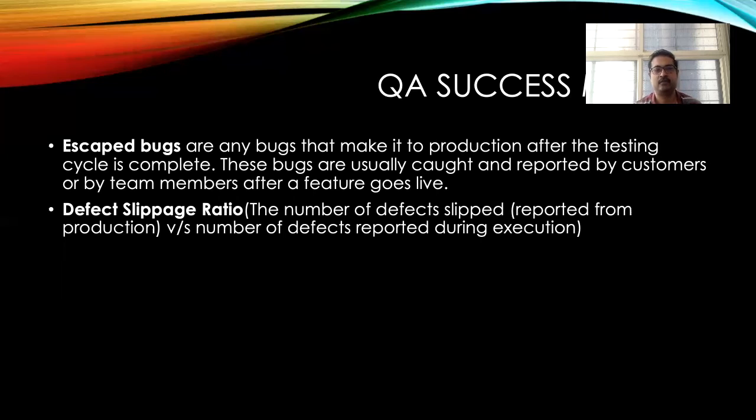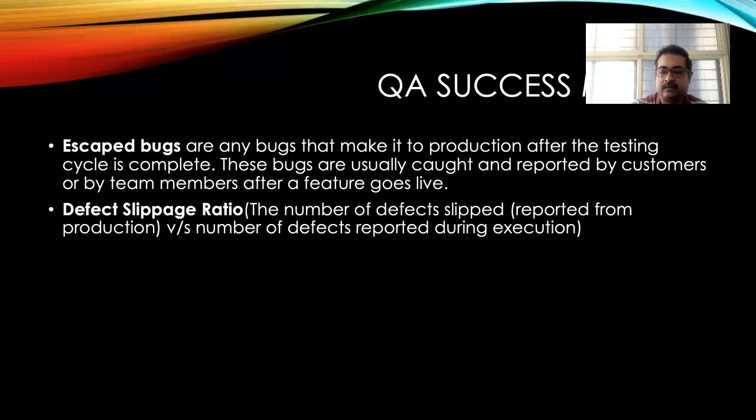Maybe one or two bugs is fine, 5% is fine, but if it's 10%, then it's a serious issue. But this criteria will be defined project to project. It's not standard actually, right? In some projects it will be 5%, in some it may be a little higher.